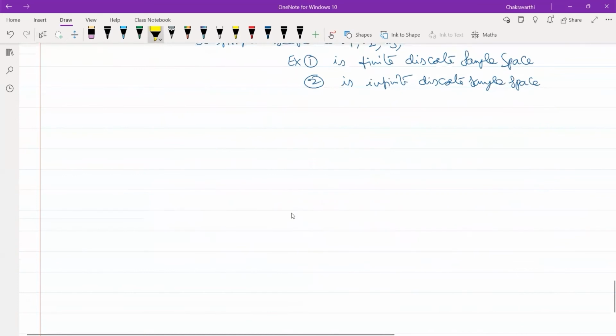Now, some illustrations. Illustrations are very, very important.